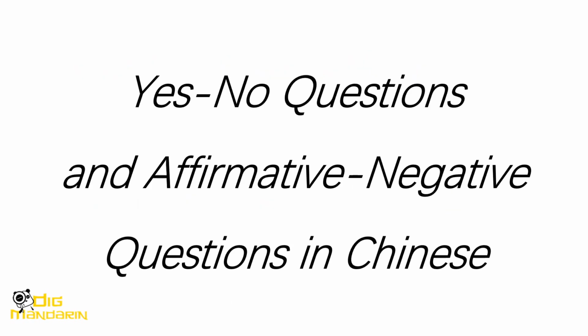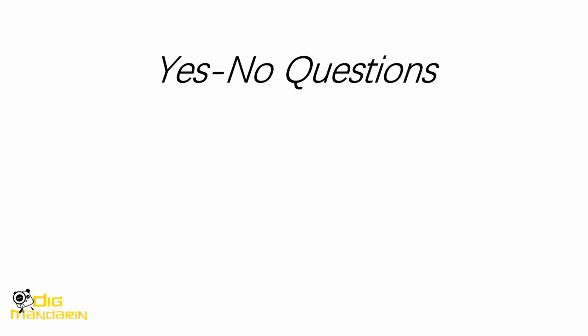Okay, the comparative sentences with 比 seem difficult, but actually it's quite easy, so you can use it briefly. Well, then let's go to the next structure. Structure 6. Yes/no questions and affirmative-negative questions in Chinese. Let's firstly look at yes/no questions.